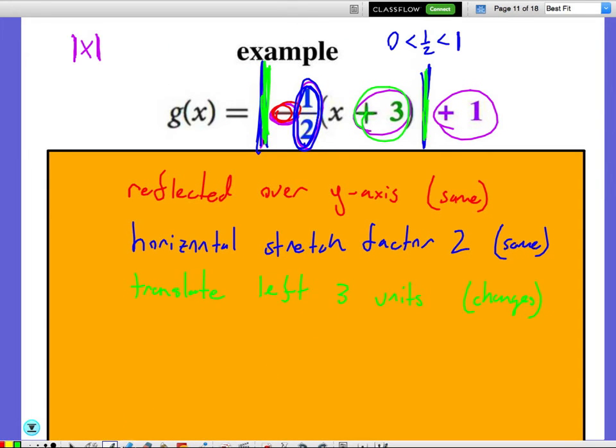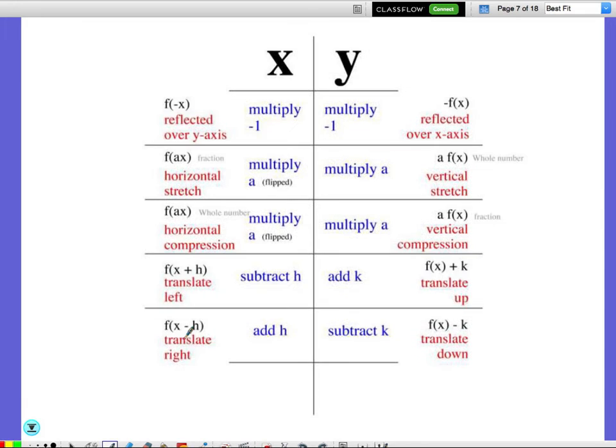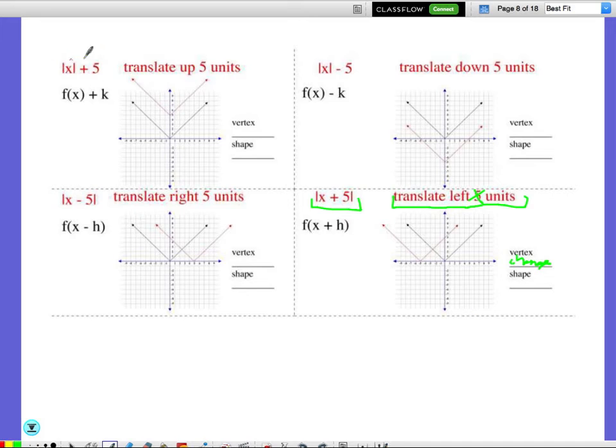Okay, and finally we have +1. +1 where it's outside the absolute value, outside. And let's take a look at where we see a number adding outside. Here it is. It's translating up. Taking a look at the graph here, the vertex changes.